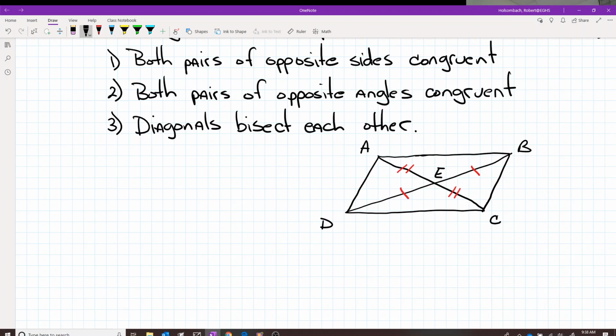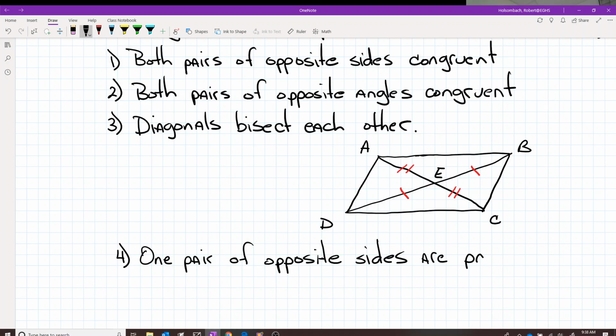And the fourth test, one pair of opposite sides are parallel and congruent. Just one pair.